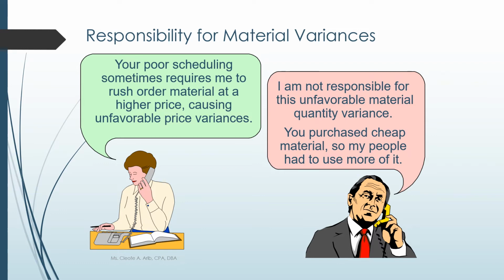So if that will be the case, the unfavorable variance should not be linked to the performance of your purchasing manager, because the variance resulted from the unscheduled production that required an express delivery of your raw materials.